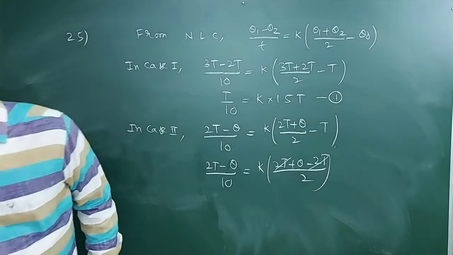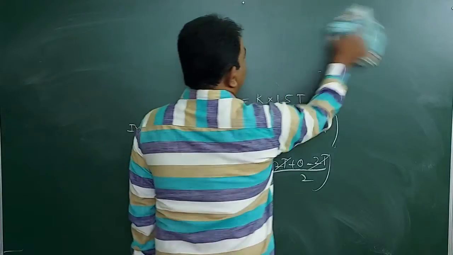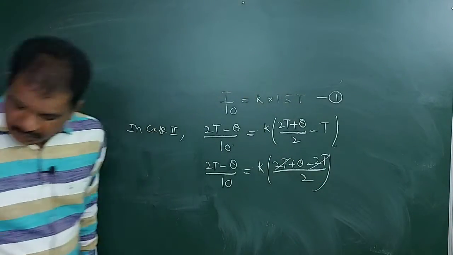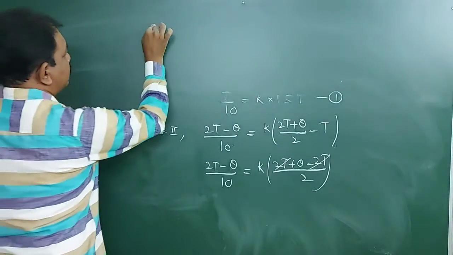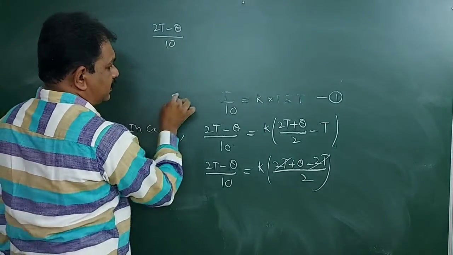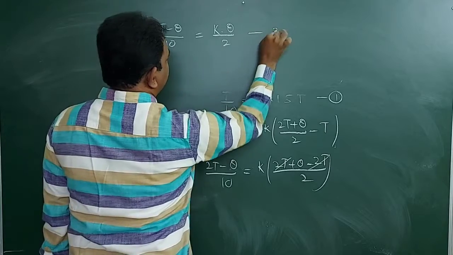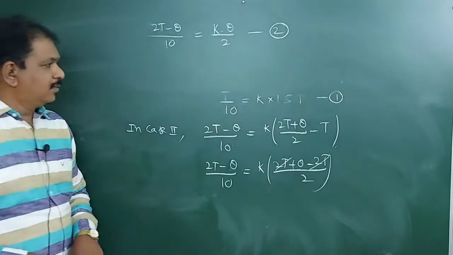So this value, (2T minus theta) by 10 is equal to K into theta by 2. This will be the second equation.